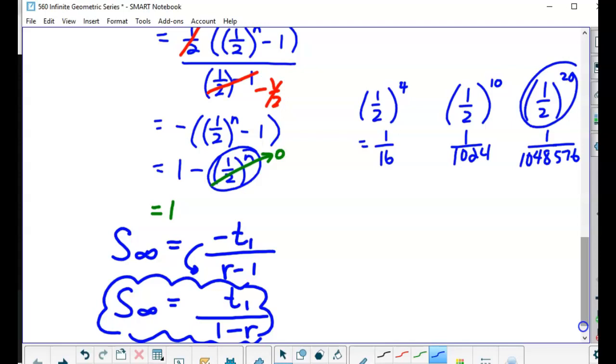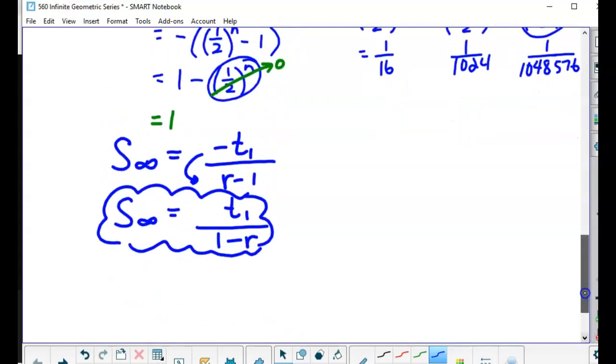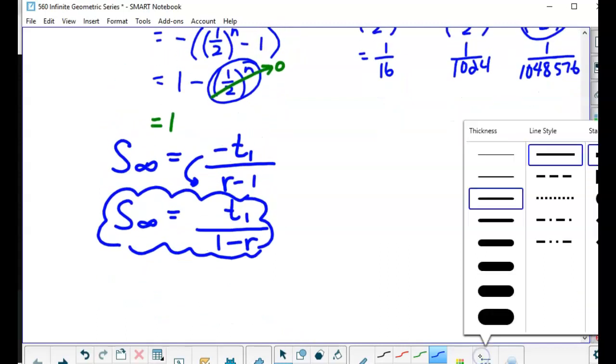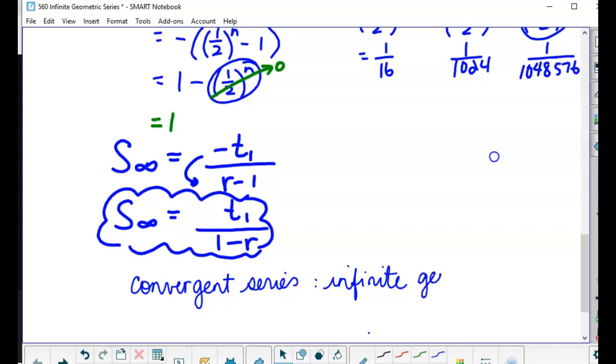Now, some words to be aware of. I think I used them before. A convergent series is an infinite geometric series, actually, it's not all, but for this semester it is.